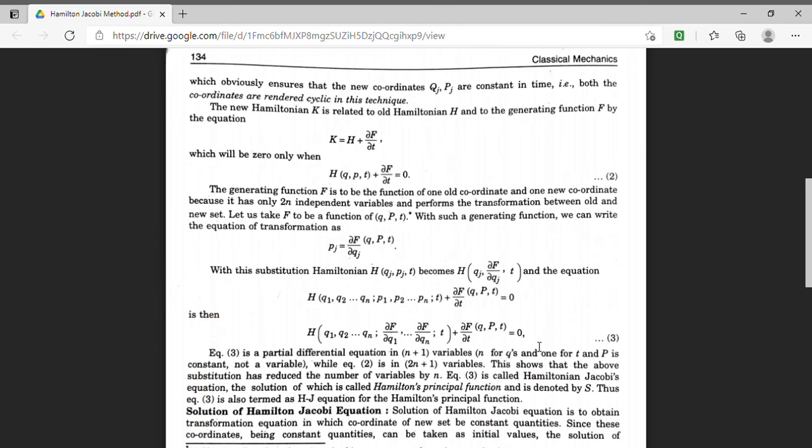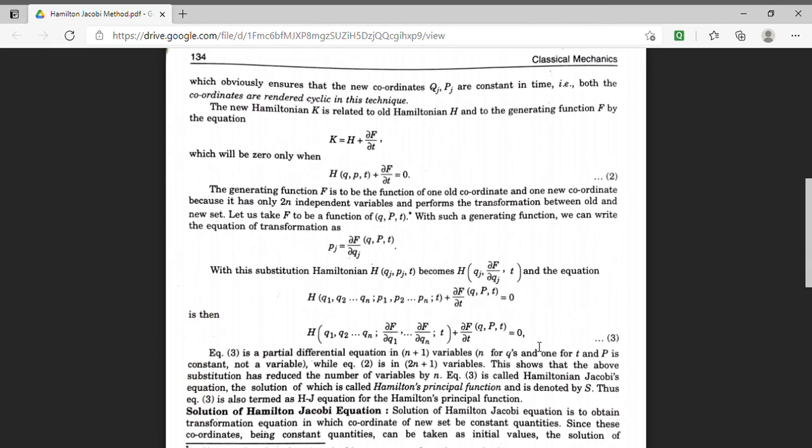The solution of the Hamilton-Jacobi equation is termed as the Hamilton principal function, and we will denote this Hamilton principal function by capital letter S. So we have obtained a new method to solve a mechanical problem easily, so that we can reduce the number of coordinates.